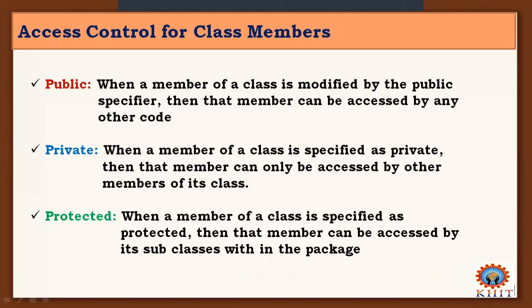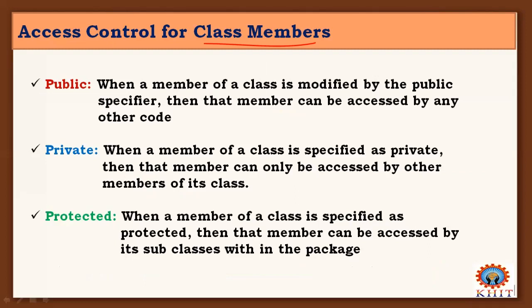Next one, access control for class members. Until now, we learned how to define a class using the class keyword, how to define members of a class, instance member variables or methods of a class, and declaring objects of a class, nothing but instances of a class.